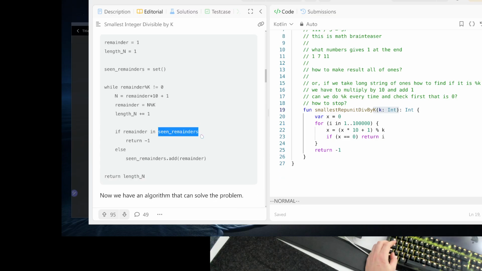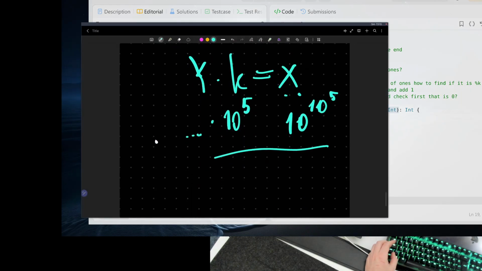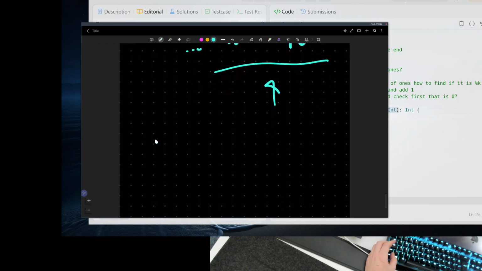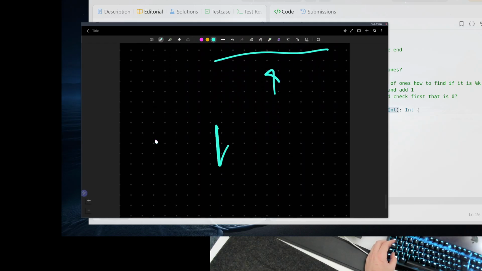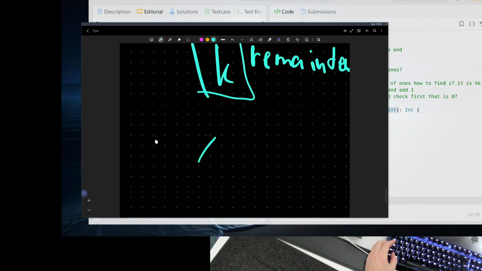There is a loop, so you don't have to prove this 10 to the power of 5. Actually, there are only k remainders, because every time you do modulo k, you have something from 0 up to k.